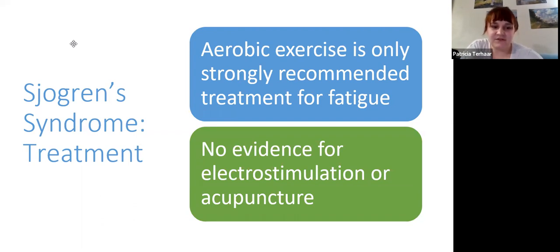In terms of other treatments, aerobic exercise is the only strongly recommended treatment for fatigue in patients with Sjögren's syndrome, and there is no evidence for electrostimulation or acupuncture to help induce salivary production.